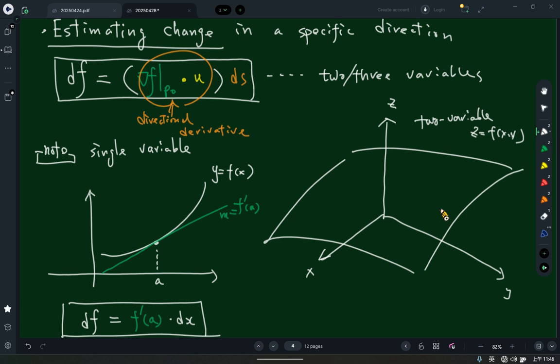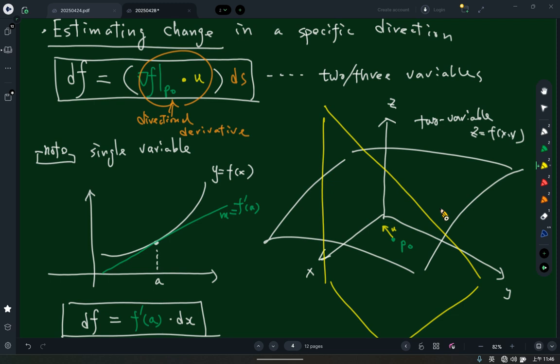Then I give you P0, and also one direction u. Of course you can follow this and make a plane to cut the surface.